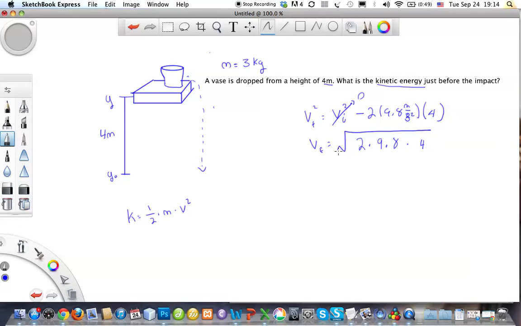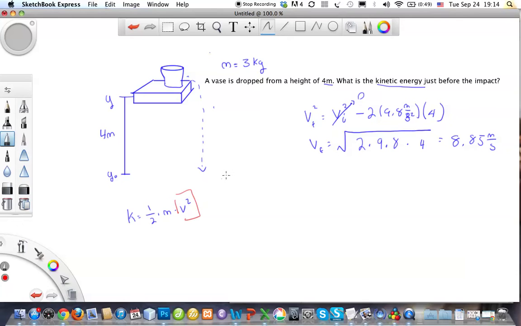So 2 times 9.8 times 4, plug this into my calculator, take the square root of that, and that should give me my final velocity of 8.85 meters per second.